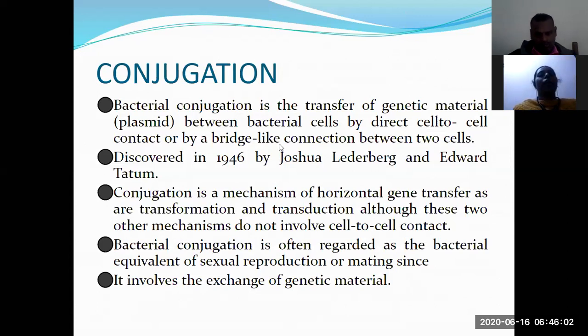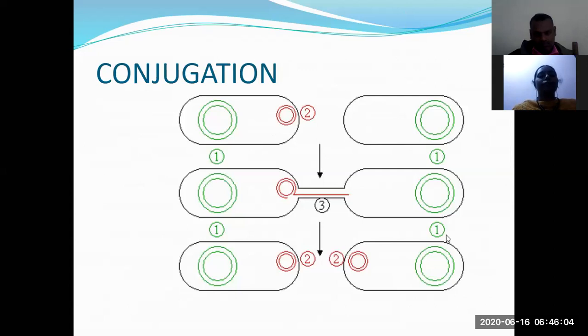Next, see this picture. First bacteria, and on the right side there is the second bacteria. In the first bacteria, in addition to DNA, there is another genetic material called plasmid. It is an extra chromosomal material.